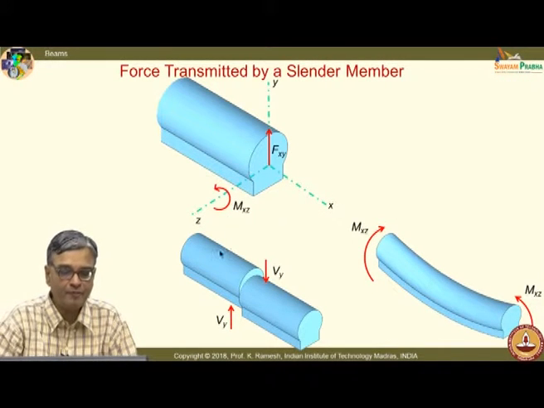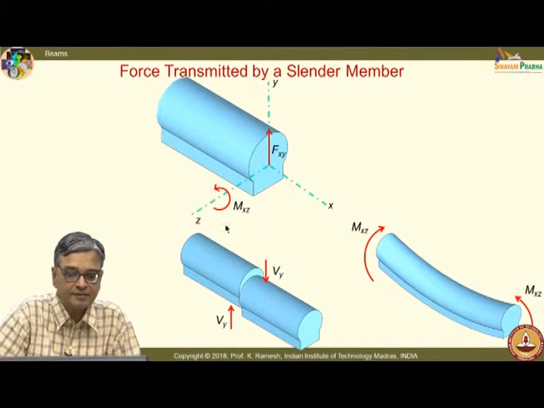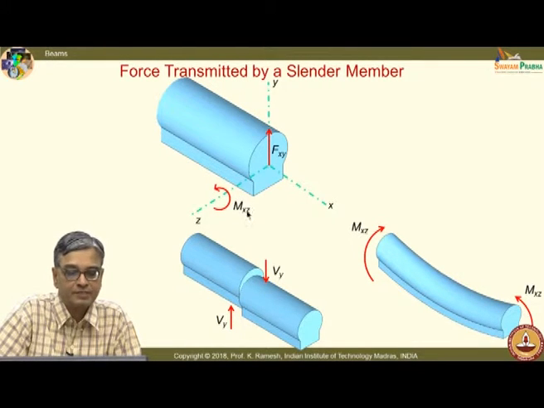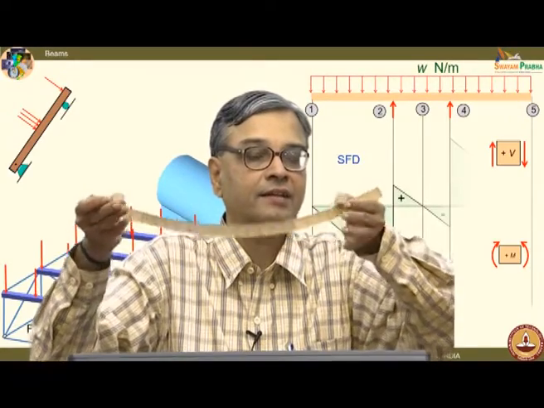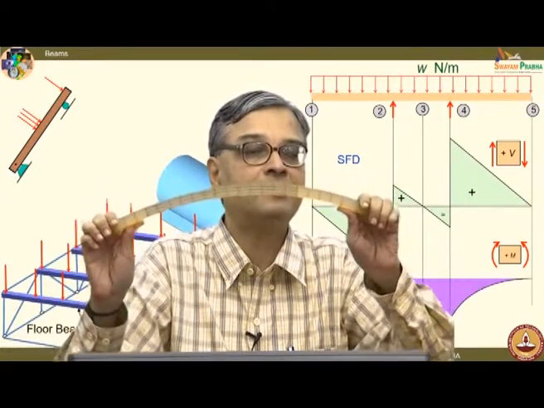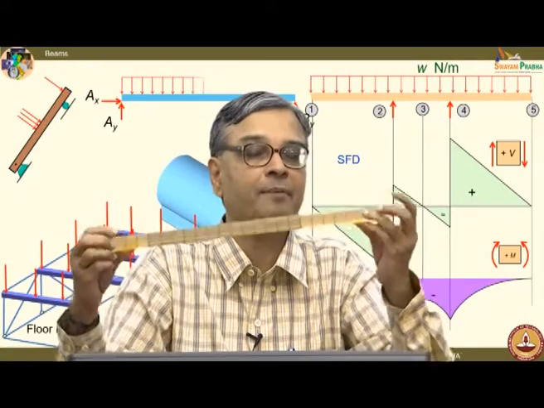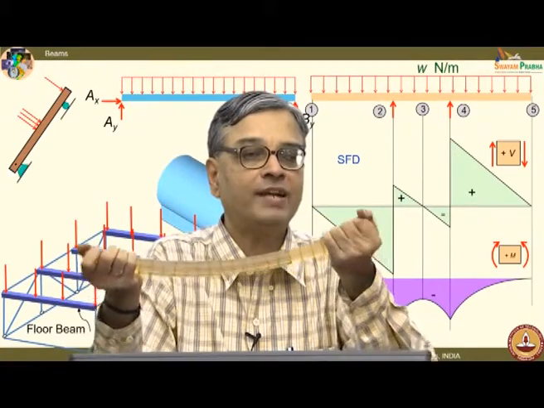So, I could have a moment like this. This is denoted as mxz. So, z is the direction, this is the positive direction that I have here. This will cause bending in xy plane. I have this member, I have bending in this plane or bending in this plane. When I apply the bending moment anti-clockwise, it will bend like this.